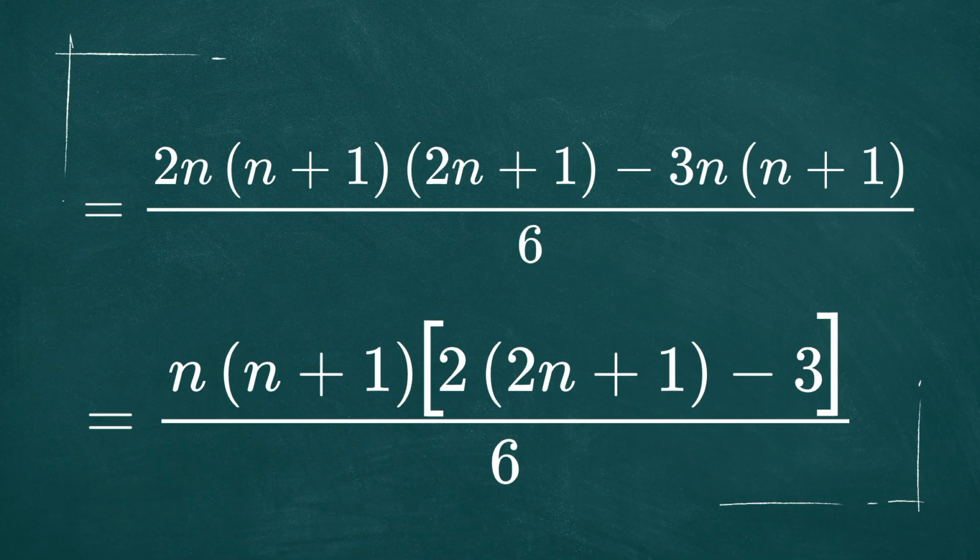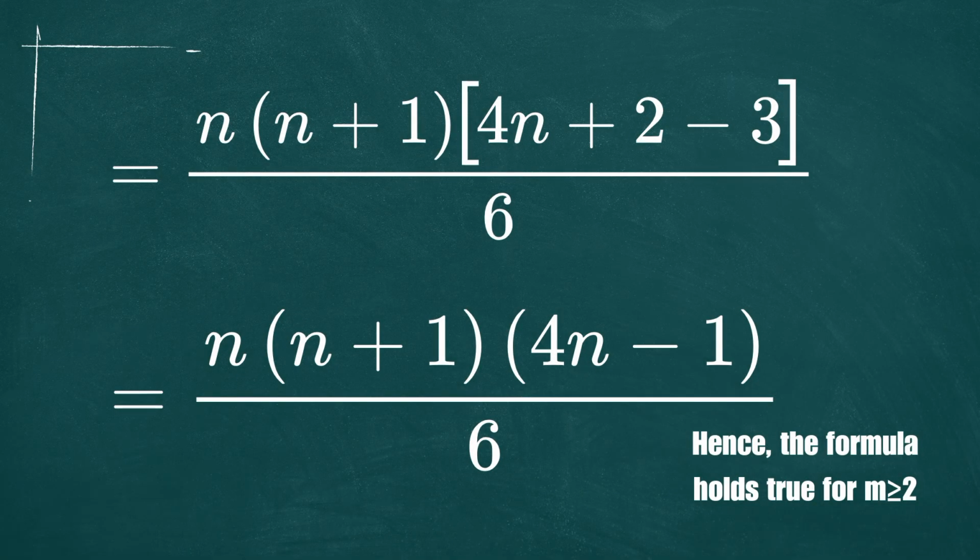Next, we will simplify the expression inside the bracket. To simplify it, we apply the distributive property. So we multiply 2 to each term inside the parentheses. So 2 times 2n gives us 4n, and 2 times 1 gives us 2. So the expression becomes 4n plus 2 minus 3.